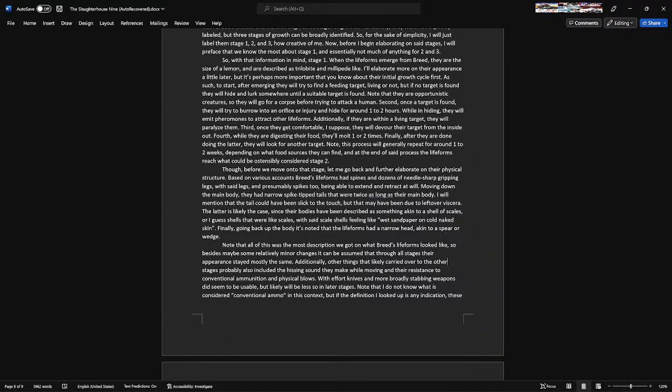Additionally, other things that likely carried over to the other stages probably included the hissing sound they made while moving and their resistance to conventional ammunition and physical blows.